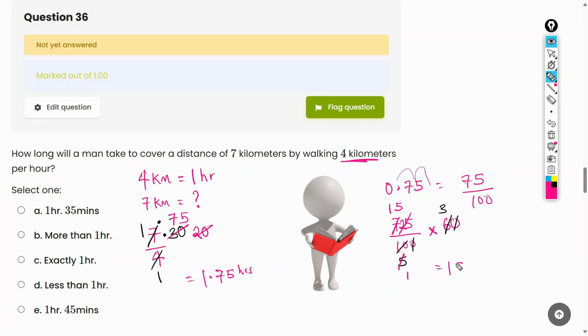So that leaves us with 15 times 3. 15 times 3, 5, carry 1, 3 times 1, 3 plus 1, 4. So 0.75 hours is the same as 45 minutes. So it means that he walks for 1 hour, 45 minutes. And that is right here.